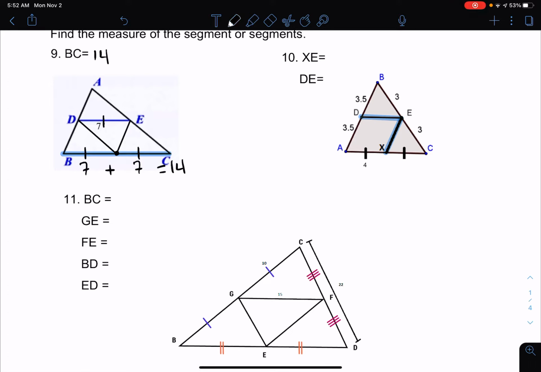Well, if this guy over here is 3.5, this guy is also 3.5. The one that is parallel to that line there is this guy over here, so he's also the same. So that means this guy over here is also 3.5. So if that's the case, then I know the distance from X to E. So this is 3.5.